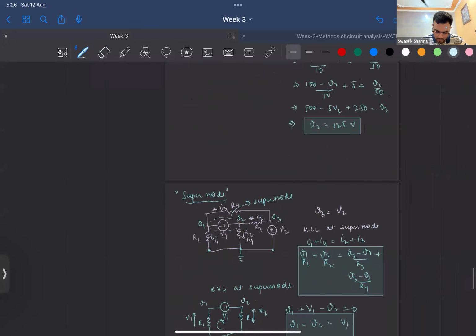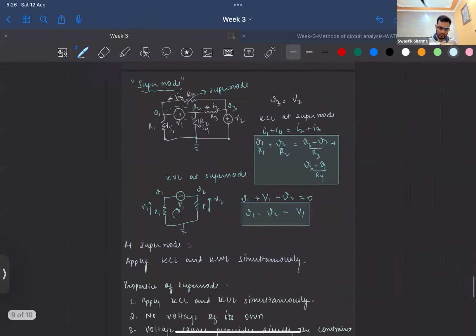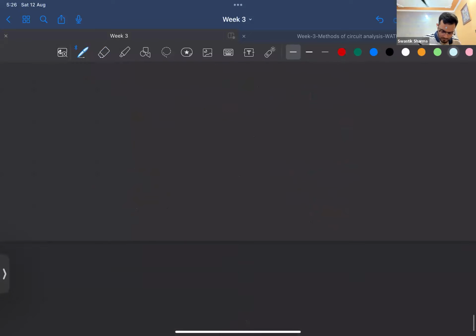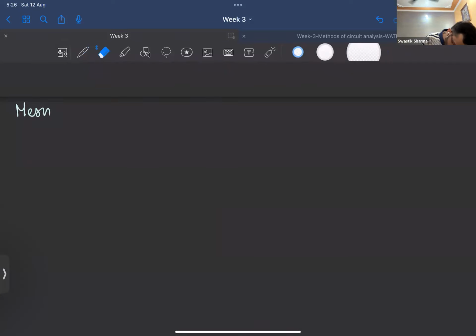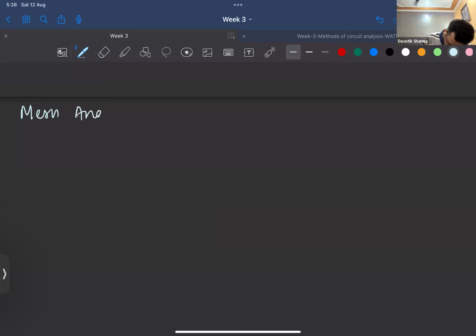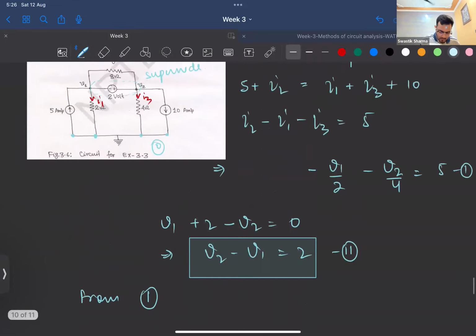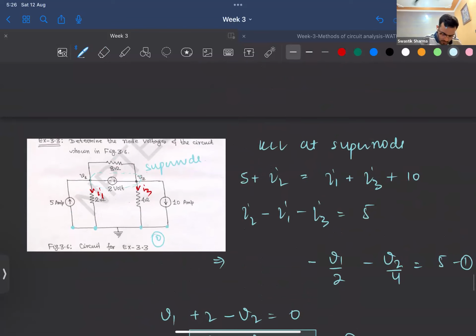Okay, now I want to discuss mesh analysis as well. Just remember that when you remove this node, you don't have to take this current.